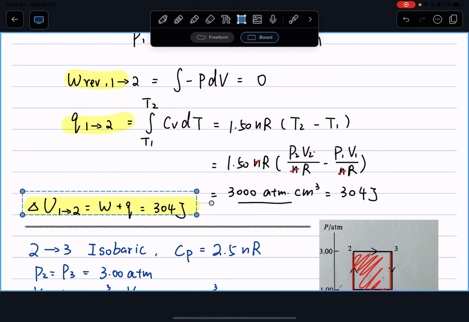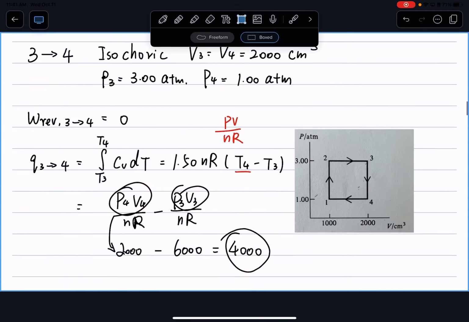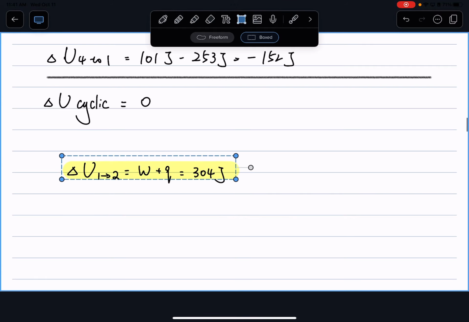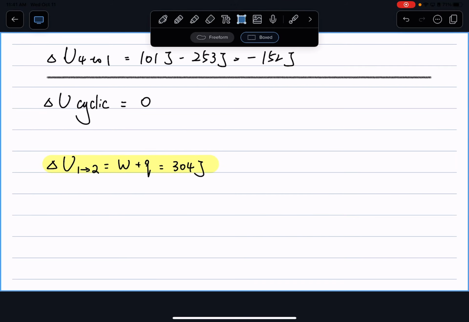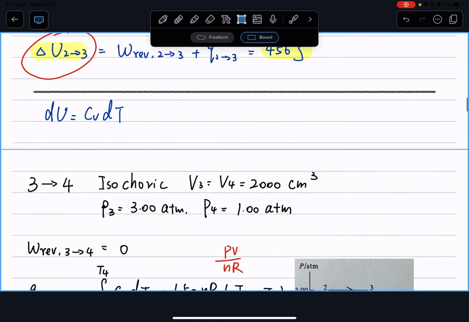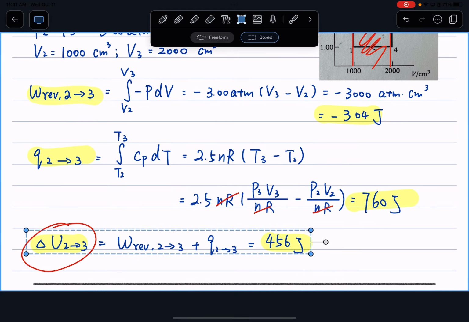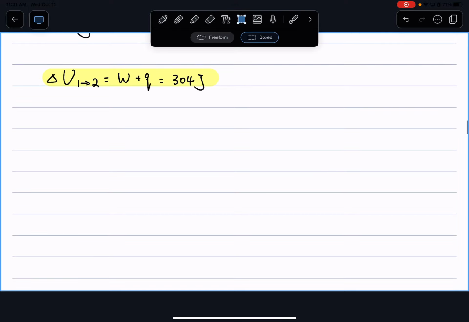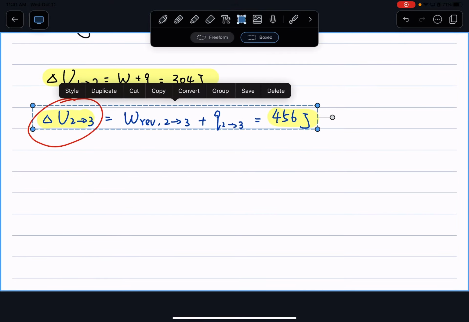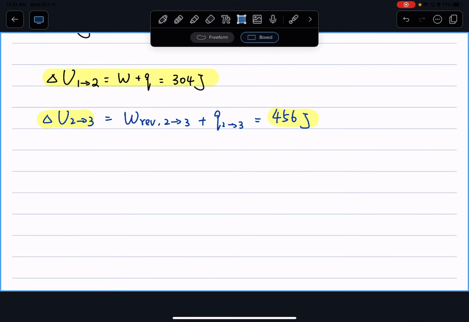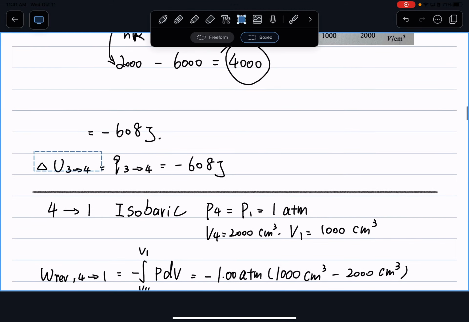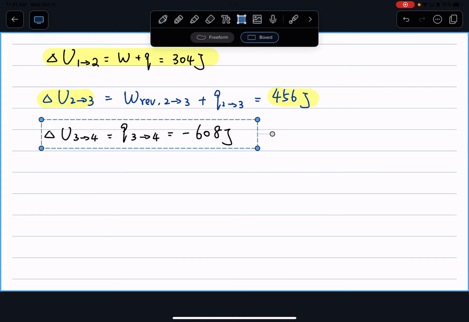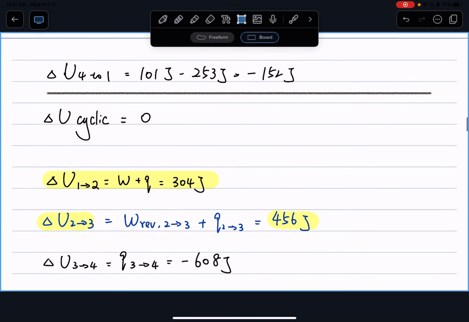From 1 to 2, that's what we have. From 2 to 3, then to 4, and from 4 to 1.